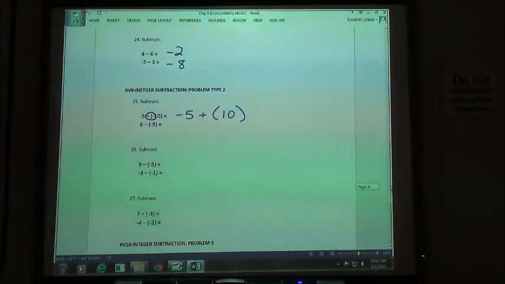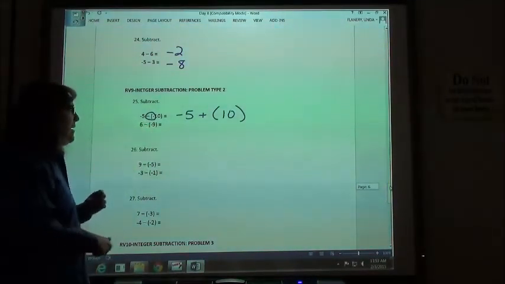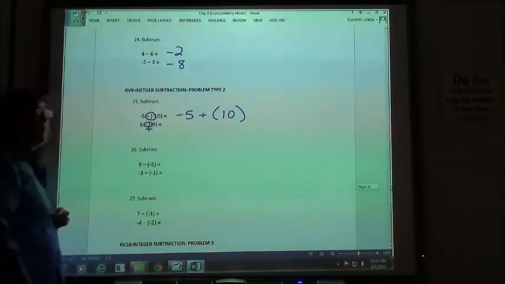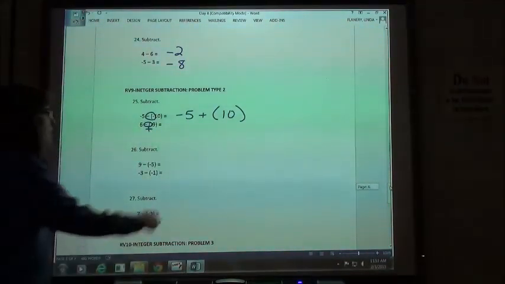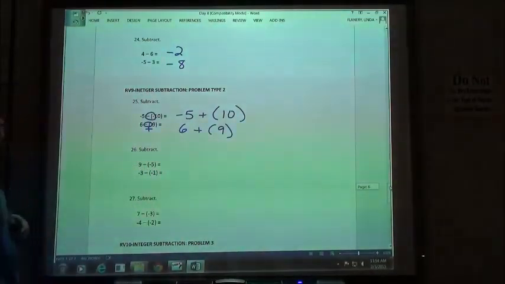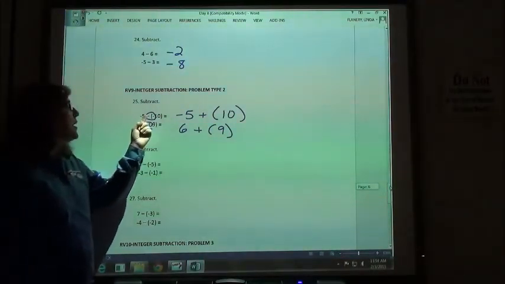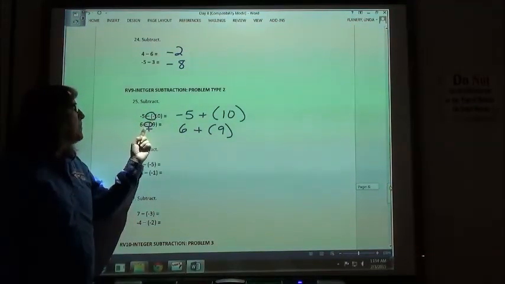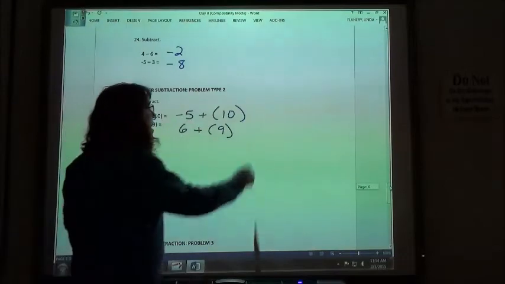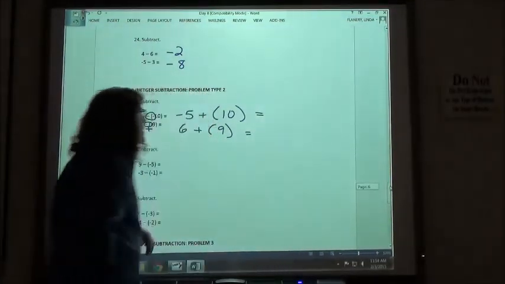So whenever you see minus a negative, the opposite of a negative is going to be replaced with a plus sign. 6 plus positive 9. So this is a case where I do have to rewrite my problem, because when I have subtracting a negative, I'm always going to change it to a positive. Then I'm going to do my subtraction and adding like I normally do.